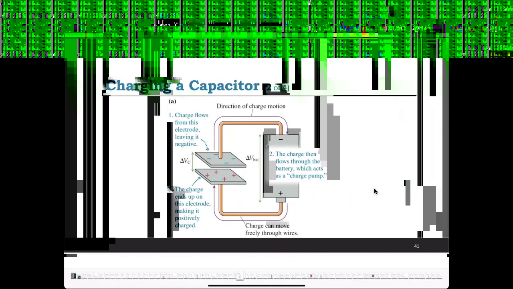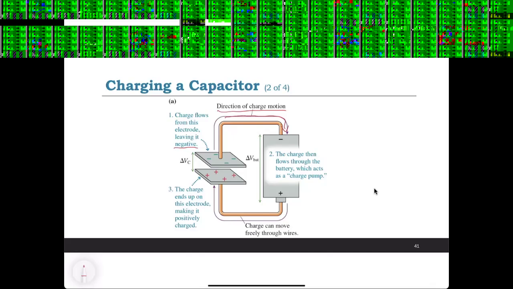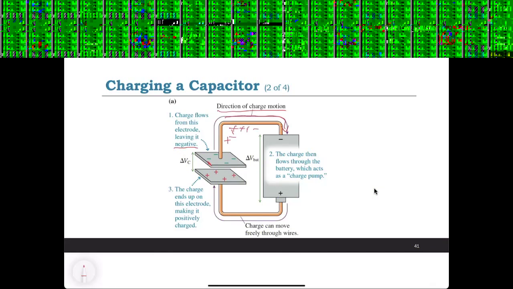You can see this is the direction of charge motion, from here to here. Charge flows from these electrodes, leaving it negative, which means the positive charge flows from this one and leaves this one negative.